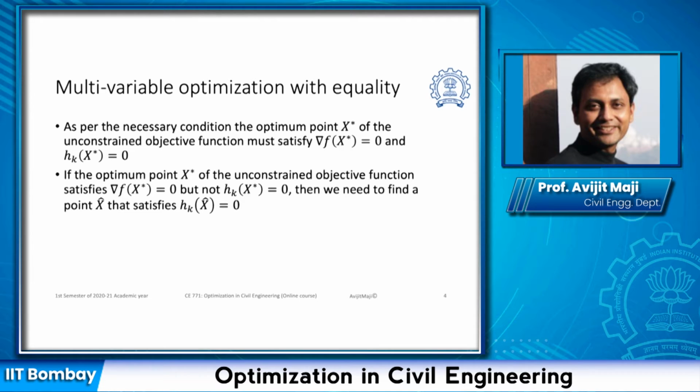And since in this case we also have equality constraint, the point which satisfies optimality is also going to satisfy the constraints. Hence, we are indicating that the constraints at that particular point are going to be 0.